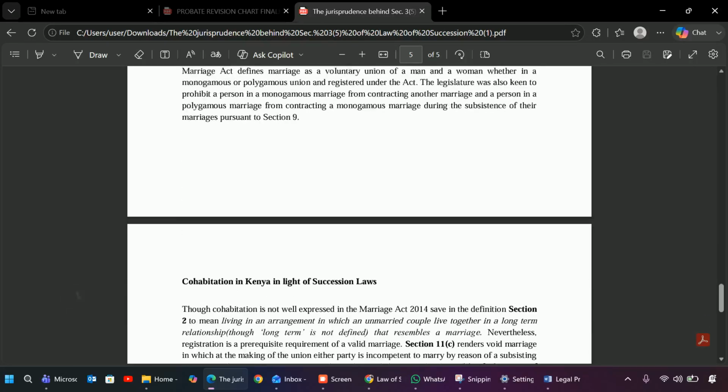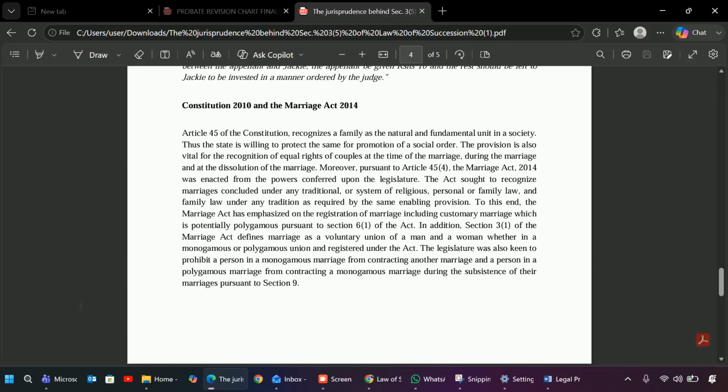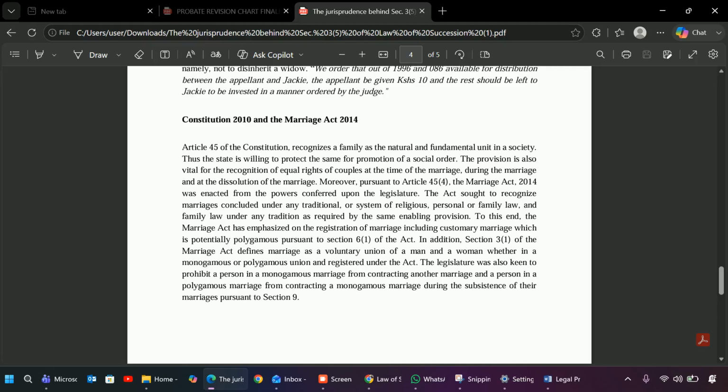Then came the Constitution 2010 and the Marriage Act 2014. Article 45 of the Constitution recognizes a family as the natural and fundamental unit in society. Moreover, pursuant to Article 45(4), the Marriage Act 2014 was enacted from the powers conferred upon the legislature.